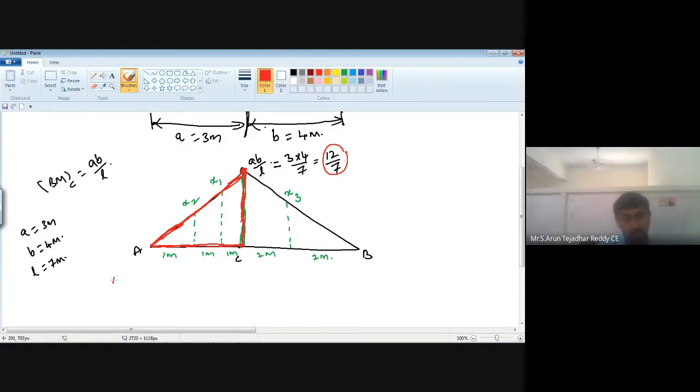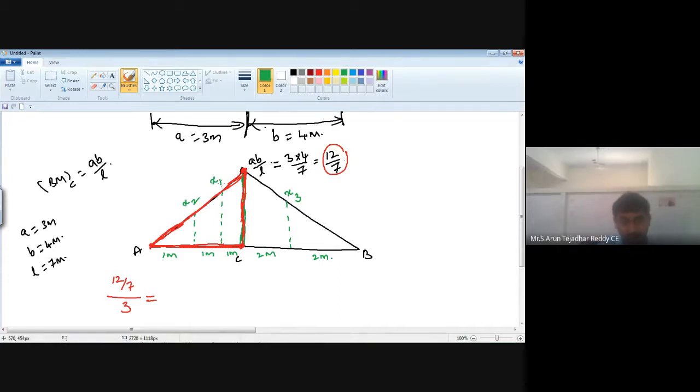So 12 by 7. This is the perpendicular by base. What is the base? Observe from point A to point C. Completely red color. We have 1 meter, 1 meter, 1 meter. Totally 3 meters is equal to. Here the first unknown is x1. So I'll take green color.